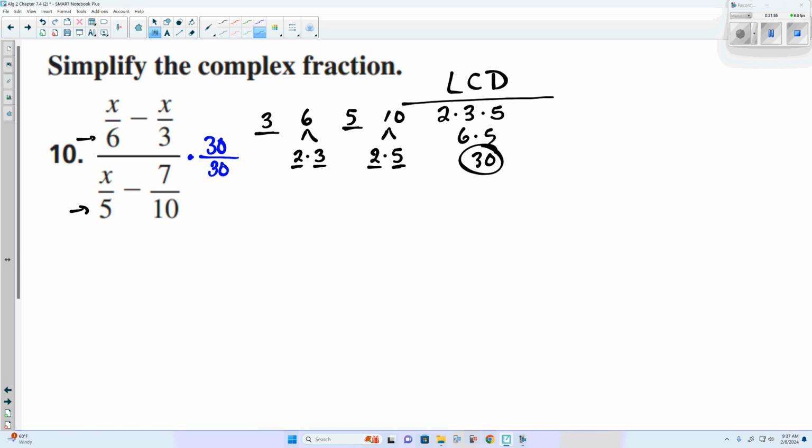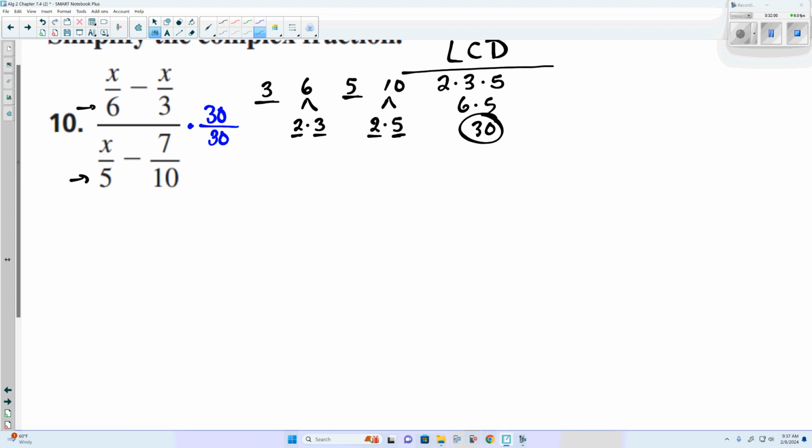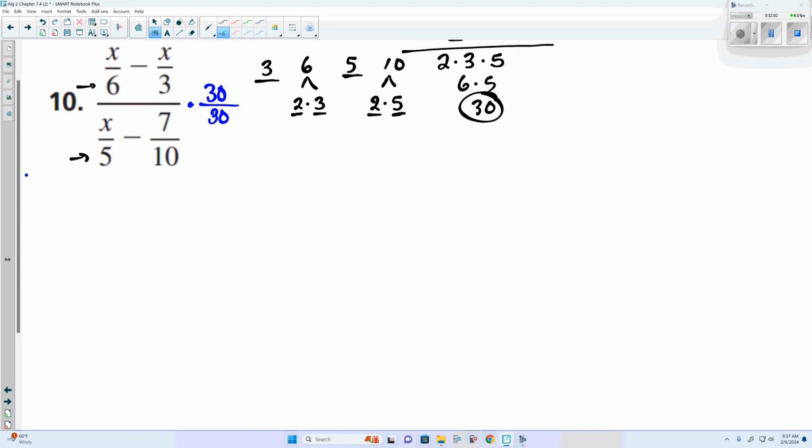This is going to seem harder than it actually is, because at this point here, we're going to multiply each of these numerators by 30.